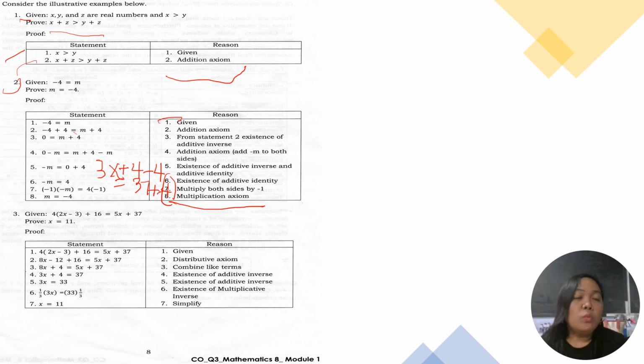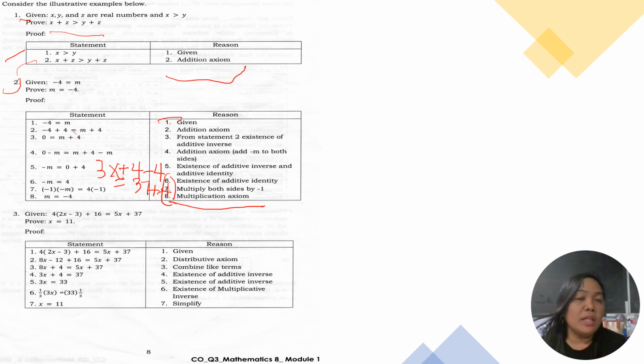So, 1/3, here, we will eliminate that. 1/3 times 3x gives us x. So for statement number 7, x now is equal to 33 times 1/3, which is equal to 11.